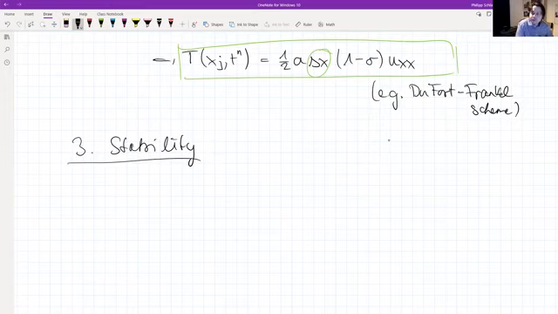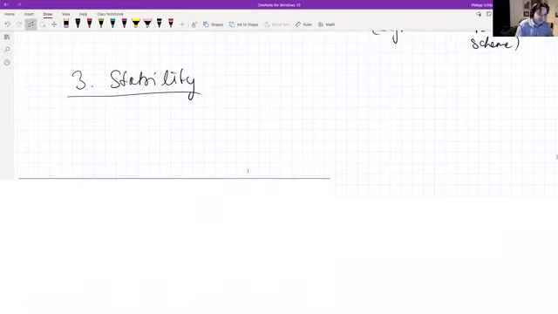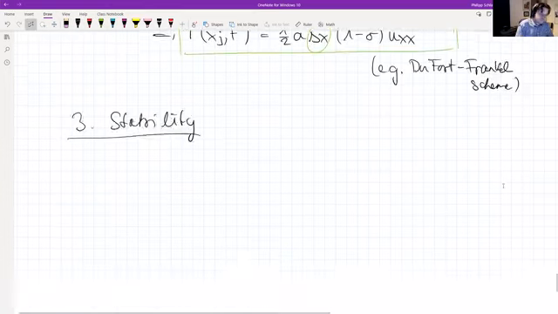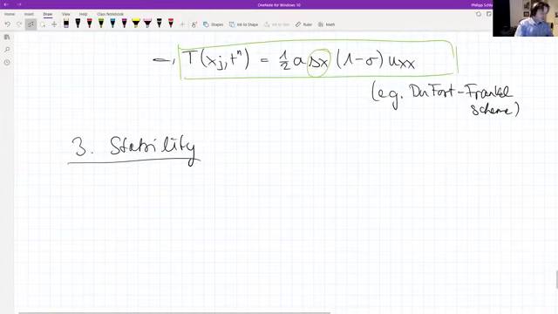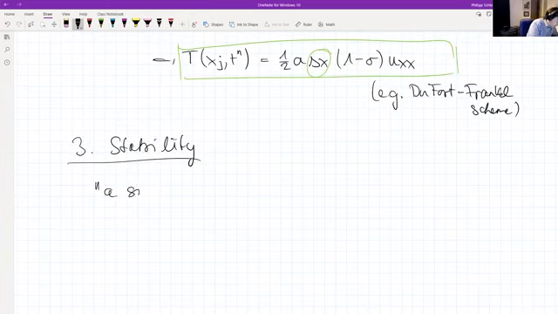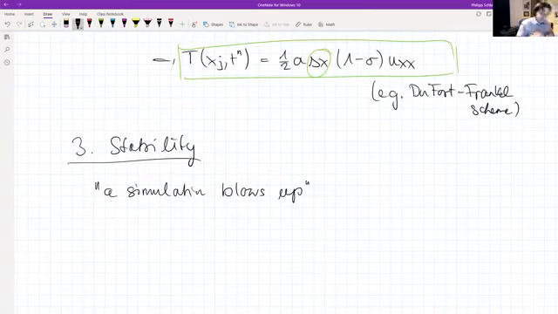That is what we mean with stability. So let's say a simulation blows up. That's an instability.